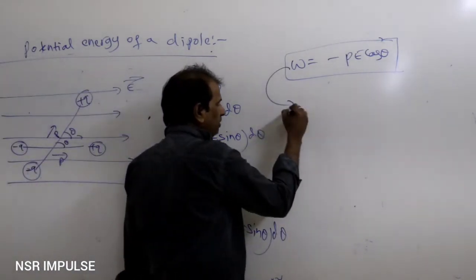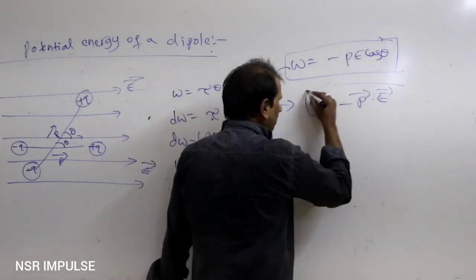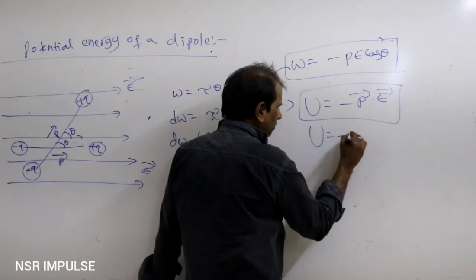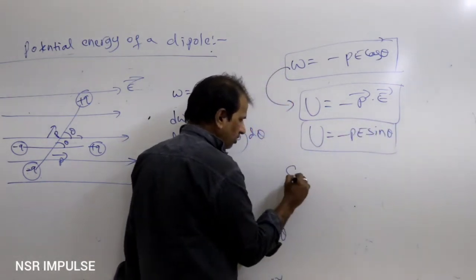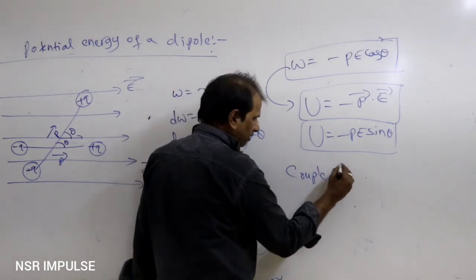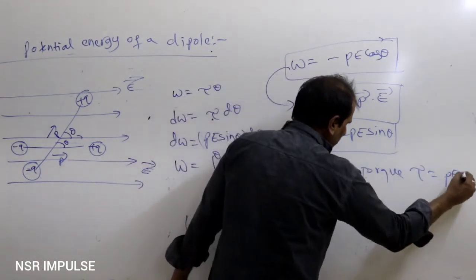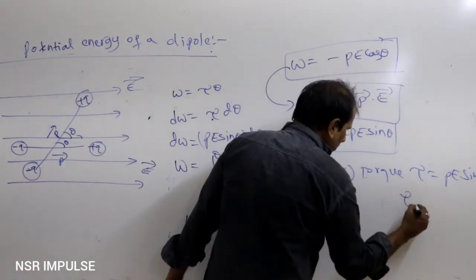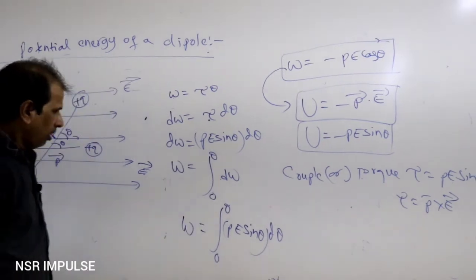This work done will be stored in the form of potential energy, minus P bar dot E bar, or potential energy is minus Pe cos theta. The couple or torque acting on the dipole is equal to Pe sin theta, or torque is equal to P bar cross E bar.